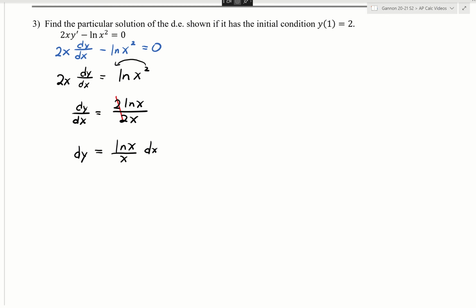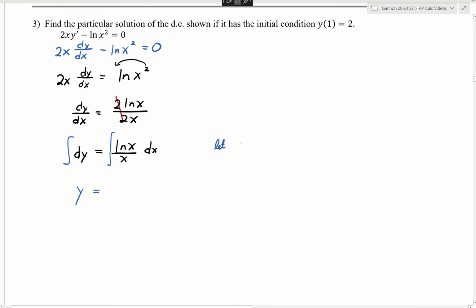Now that we have the y's on the left and the x's on the right, even though there is no y term, we can still integrate. So we're going to integrate both sides. The integral of dy is simply y. Now, when we want to integrate ln of x over x, it might not be obvious what's going on there, but this is a case for u substitution.